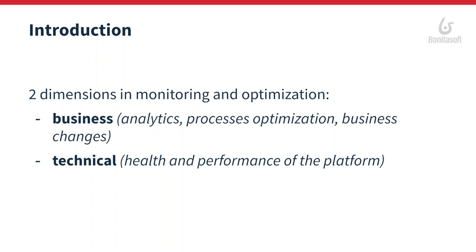And the second dimension would be technical. So looking not only at what kind of measurable results the processes produced, but also at how healthy my environment is. Because if we are successful, if we are looking at mission critical processes, we most likely have lots and lots of volumes to deal with, and we have to make sure that our solution is speedy.